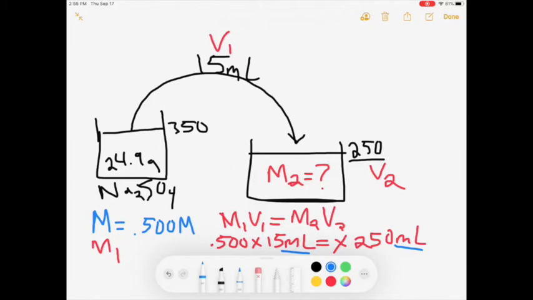They're just going to cancel out, so don't change it to liters. So we take 0.5 times 15, divide by 250, and solve for x, and we find that our M2 diluted down to 0.03 molarity. So we started with a 0.5 concentration. We only took 15 mils out, we added a lot of water, and now our concentration is 0.03 molar.